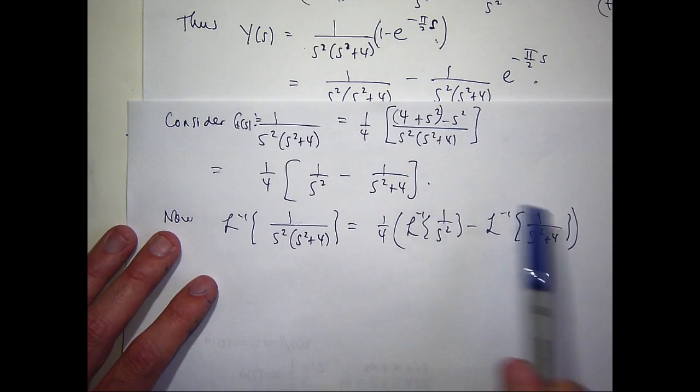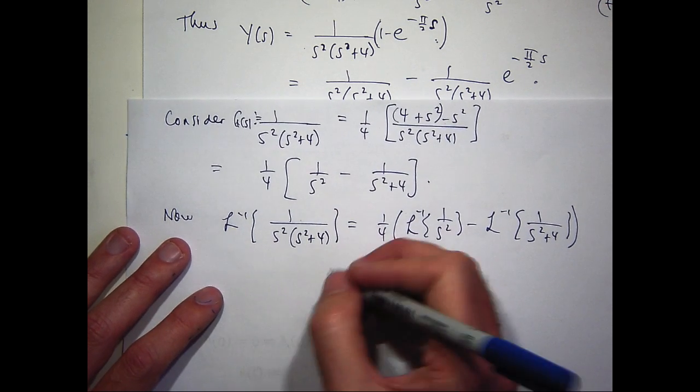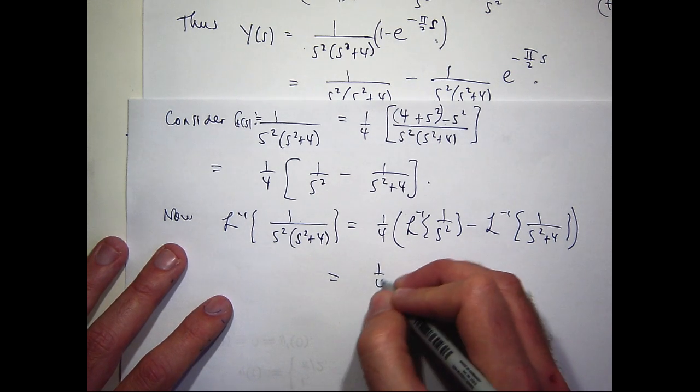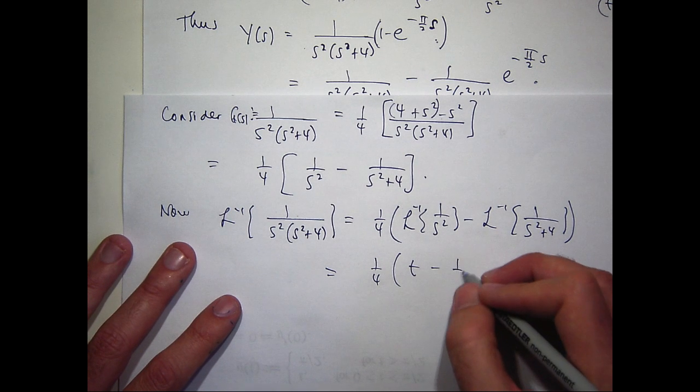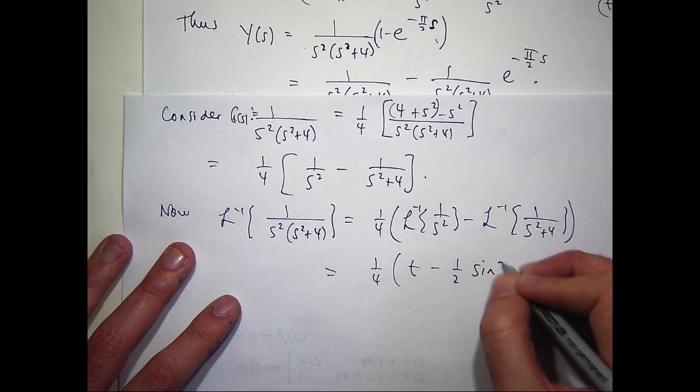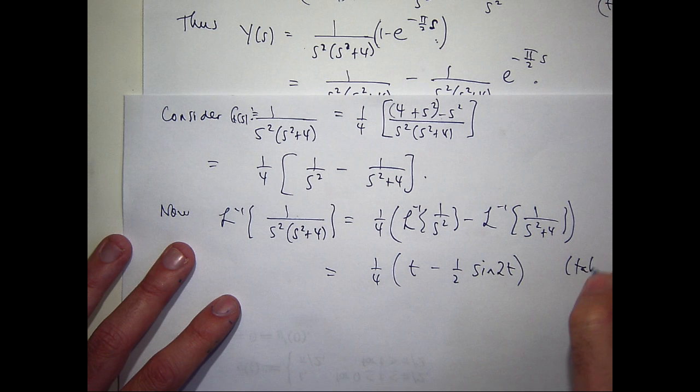I can find both of these in the table. The first one's going to be t, and the second one's going to be something like a half sine 2t from a table.